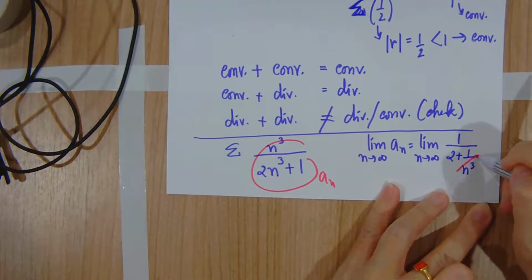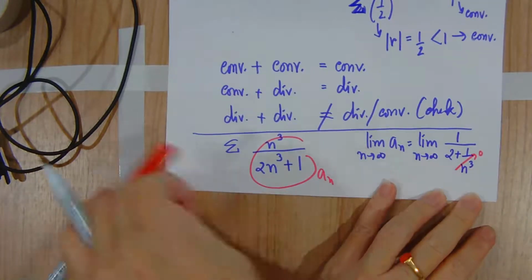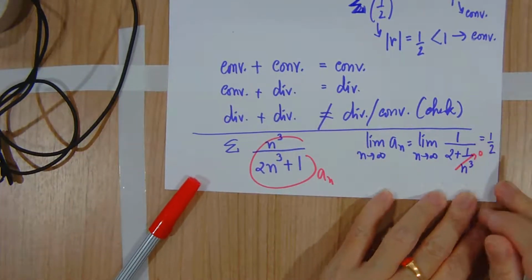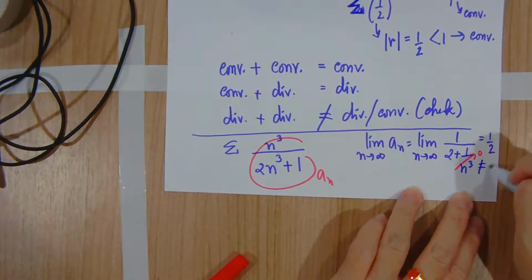The value of the limit is one half, which is not equal to 0.